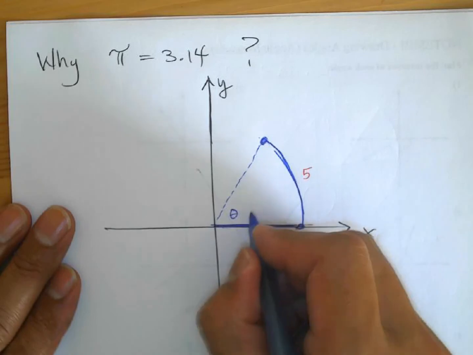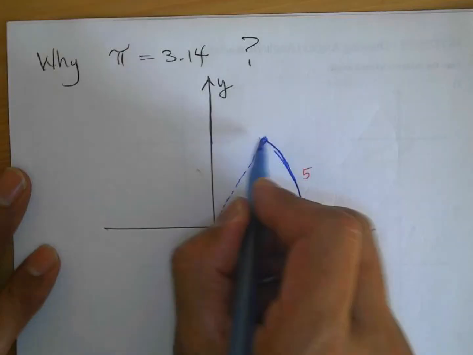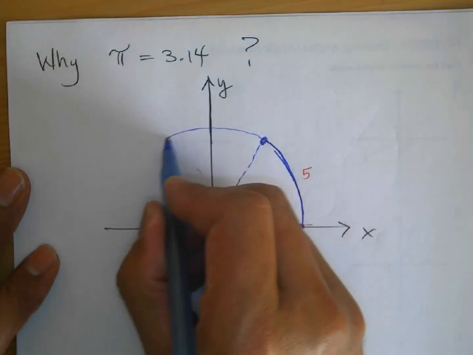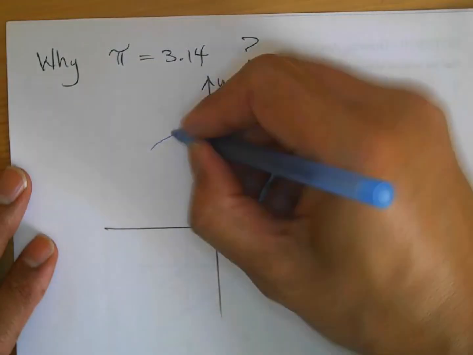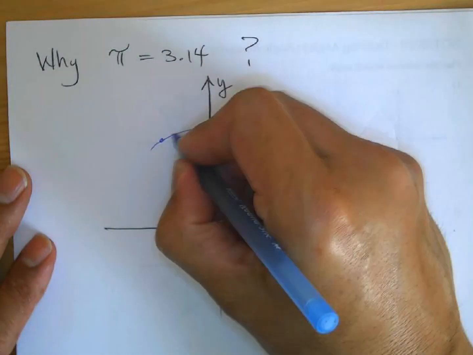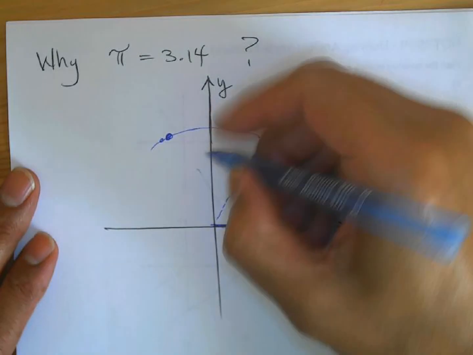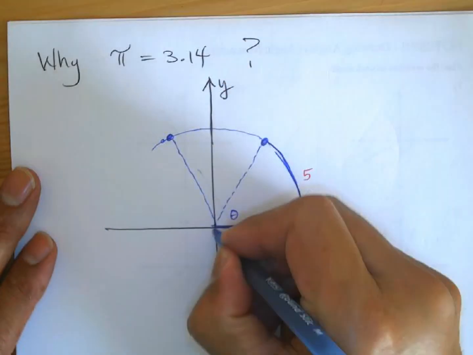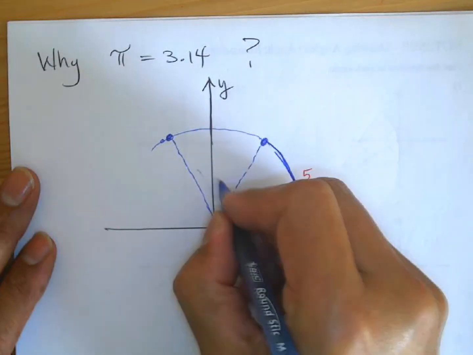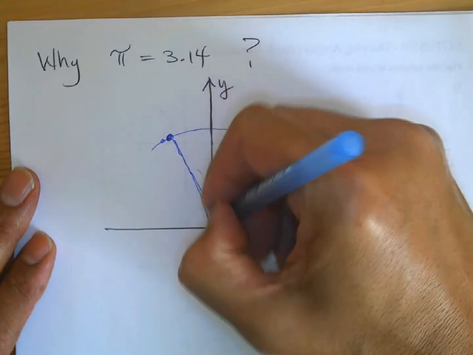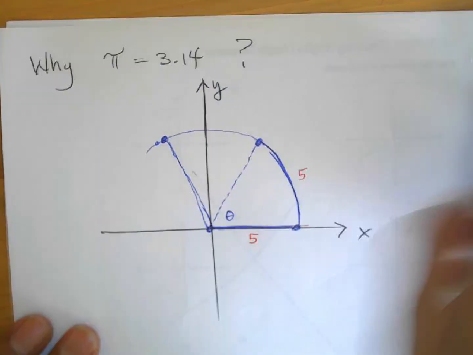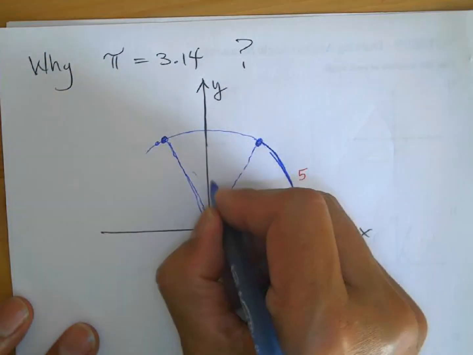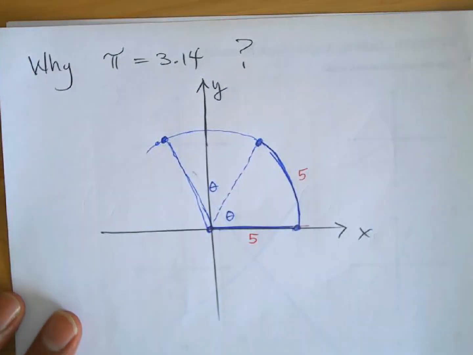We got 1 radian. And then if I keep going and I get another one, about to there, wouldn't there be another radian? From here to here is 1 radian. Here's another radian.